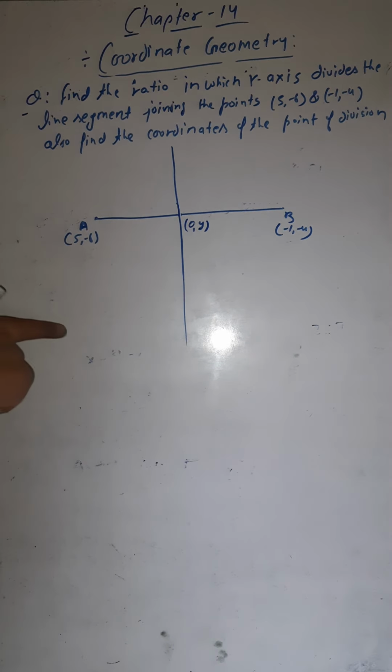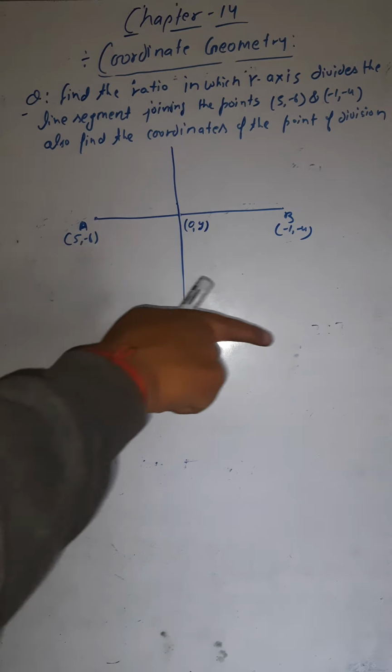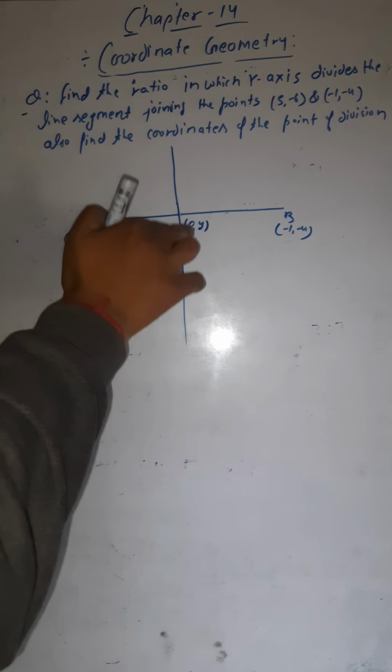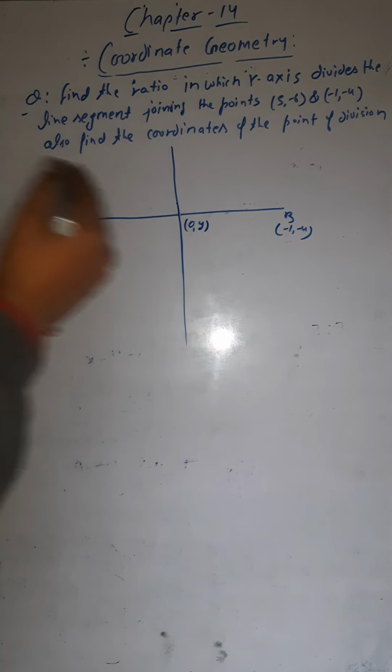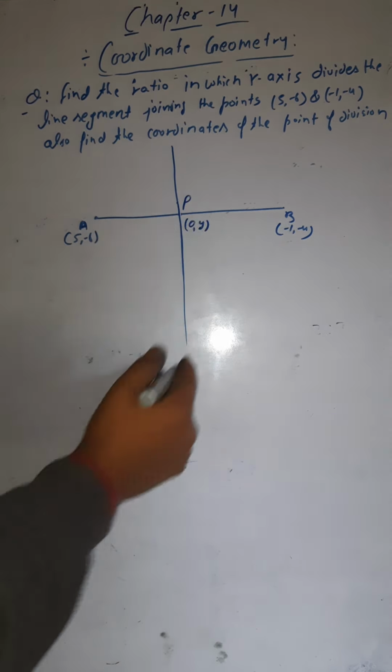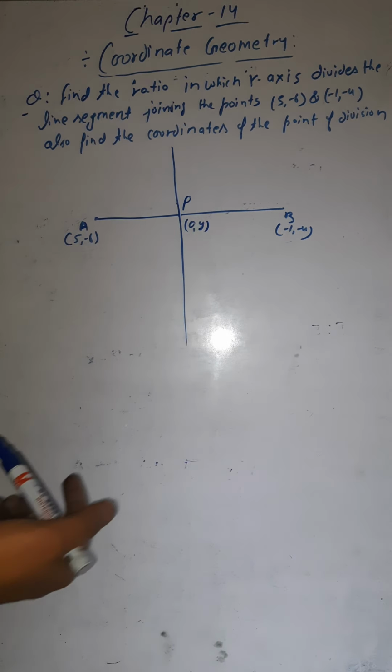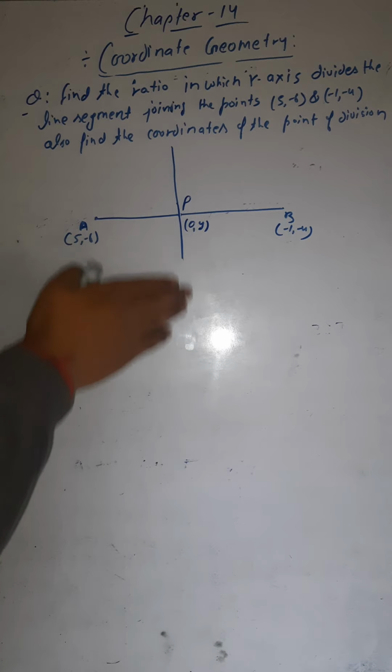Let's say this is the point P, which is on the y-axis, and this point P is dividing the line segment AB. Are you getting this?